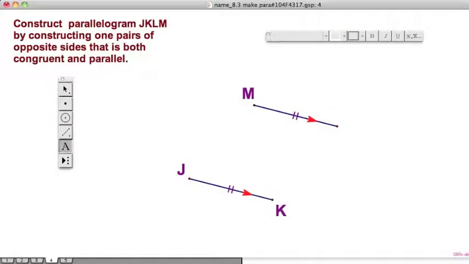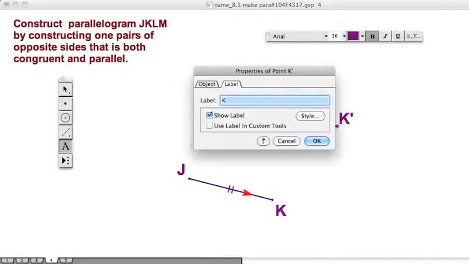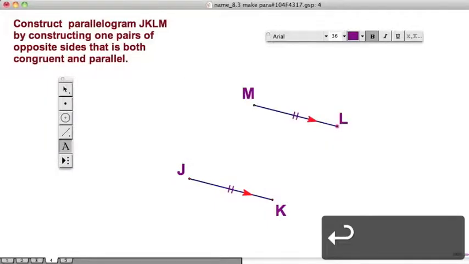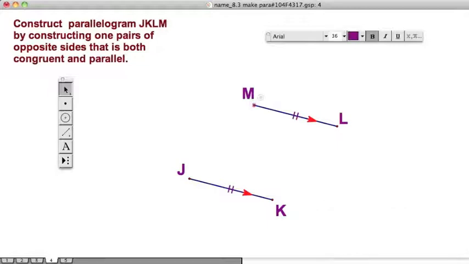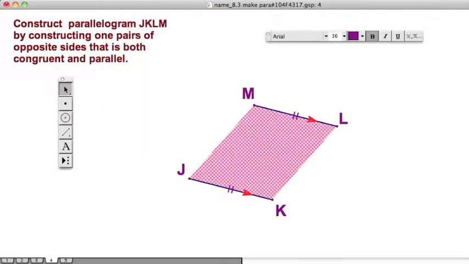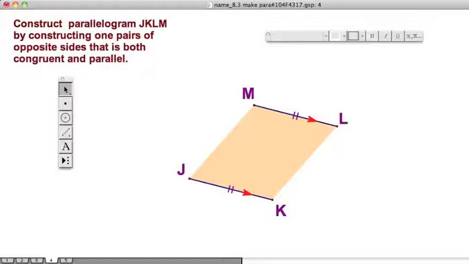Of course, this will come up K prime, but then we're going to change that to L. More exciting. Now, just to make this stand out, we're not even going to draw the sides. Just select J, K, L, M, construct quadrilateral interior. And there is your parallelogram, so you can see it without drawing the other sides.